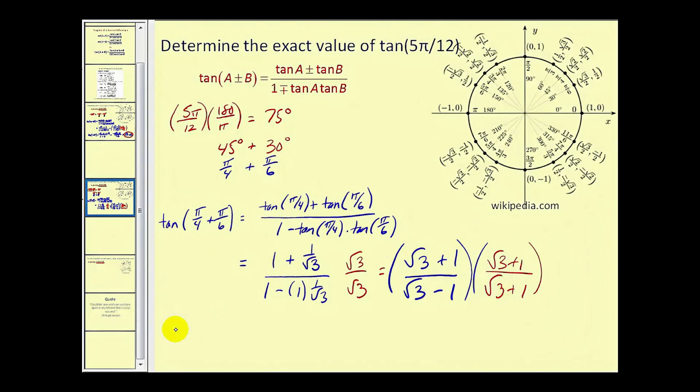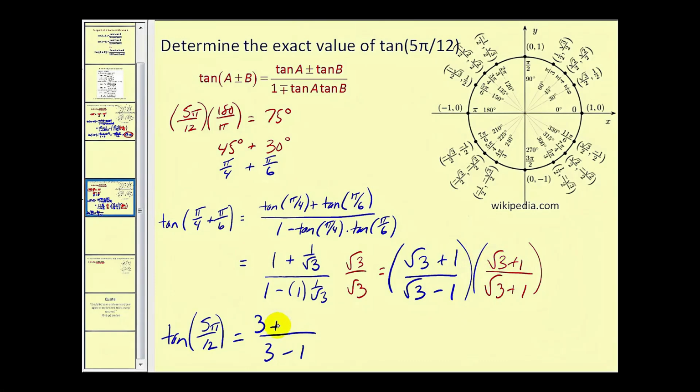So again, what we have is the tangent of this sum, which originally was 5 pi over 12, is equal to, let's start with the denominator. Multiplying this out, we'll have 3 plus square root 3 minus square root 3, and then minus 1. In the numerator, we're going to have 3 plus square root 3 plus square root 3.